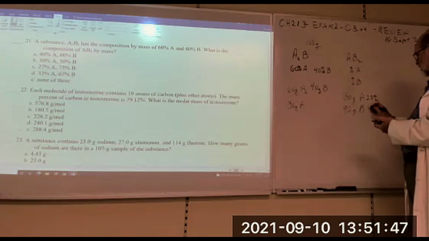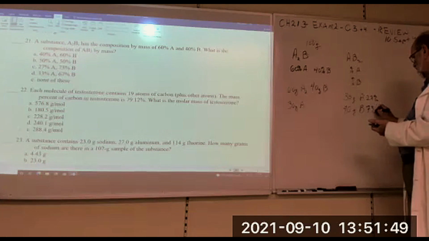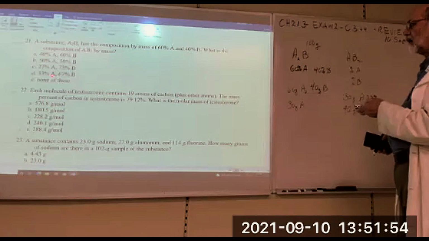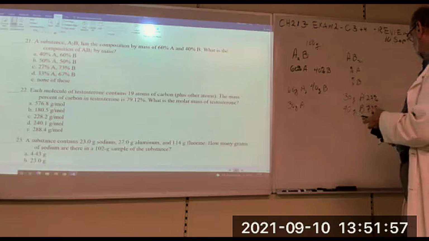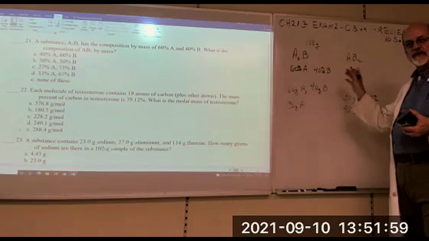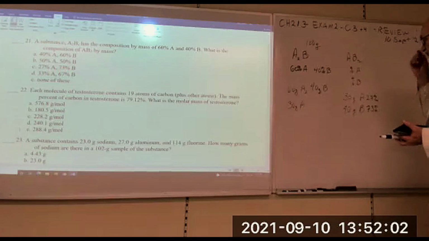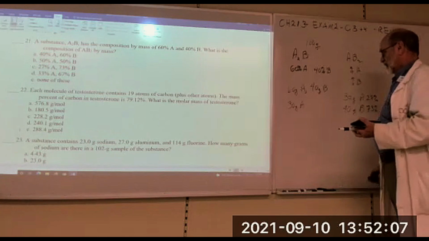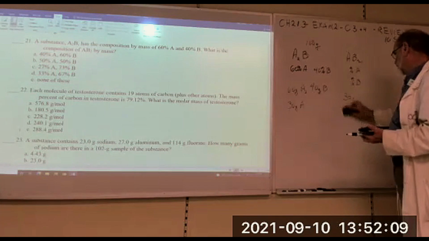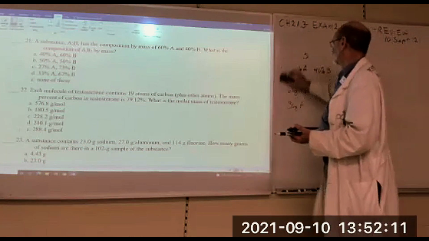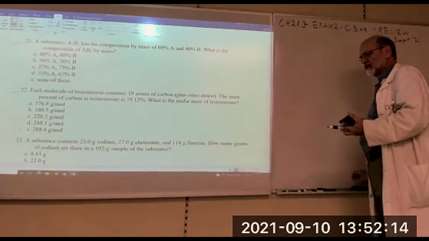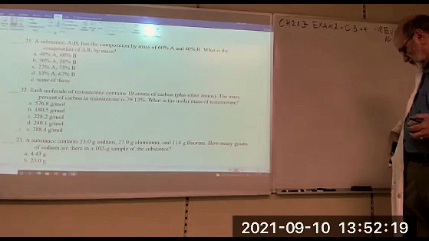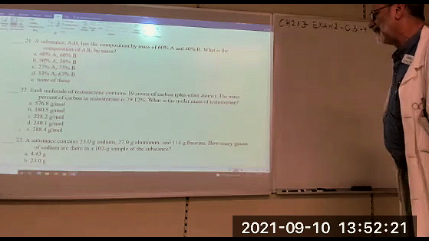So that means this one has to be 73%. Okay, does that get us where we want to be? There we go, 27 and 73. That's the reasoning for that. It's all based upon the definite ratio by mass. Proust, wasn't it? Proust said constant composition. Okay.